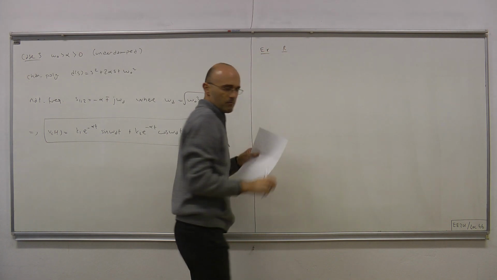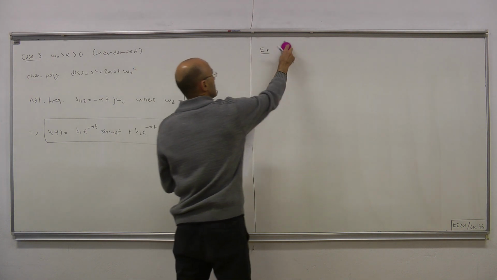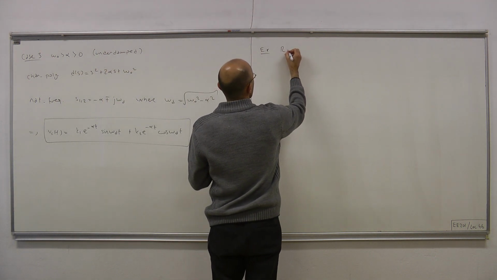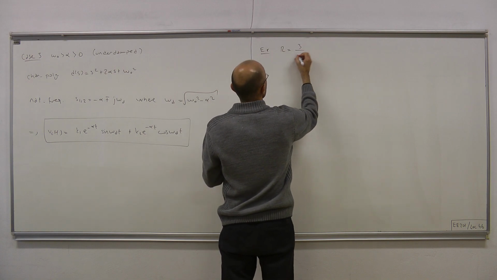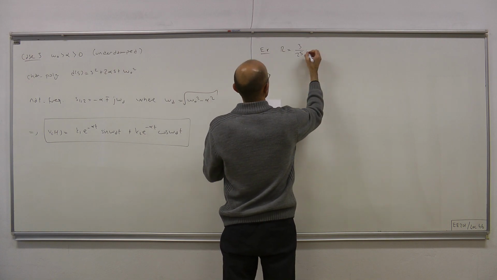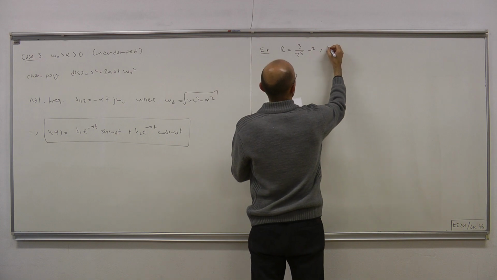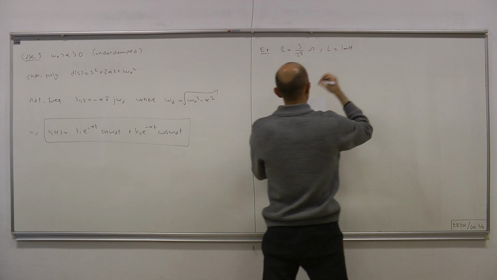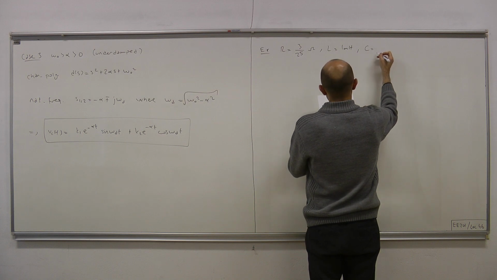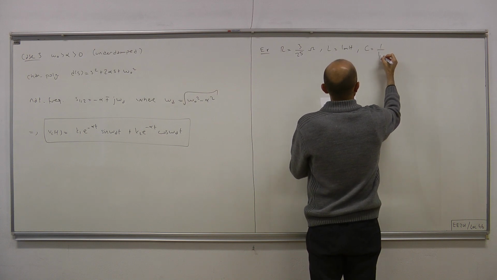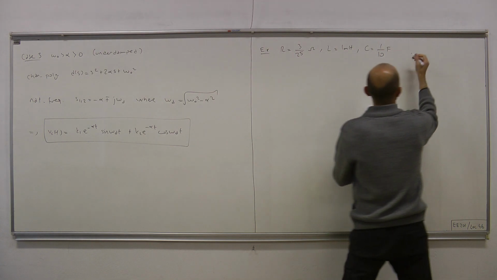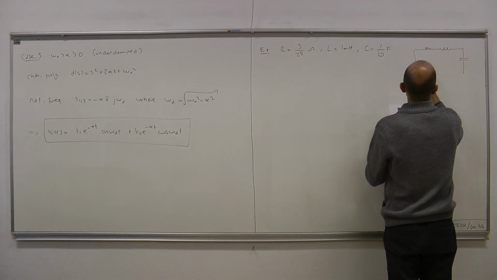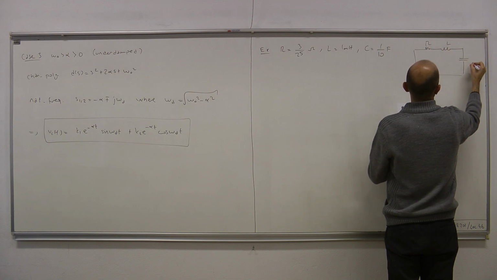For the series RLC topology with resistance value 3/25 ohms, inductance 1 millihenry, and capacitance 0.1 farads.